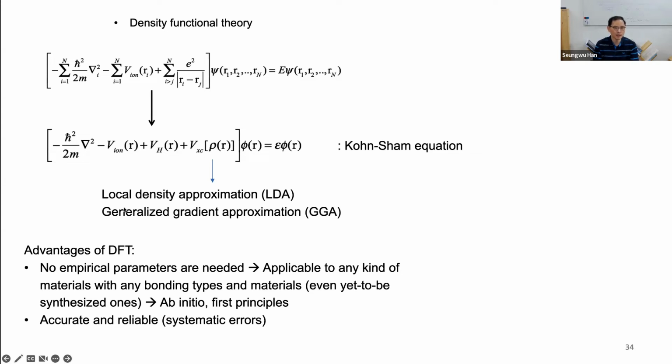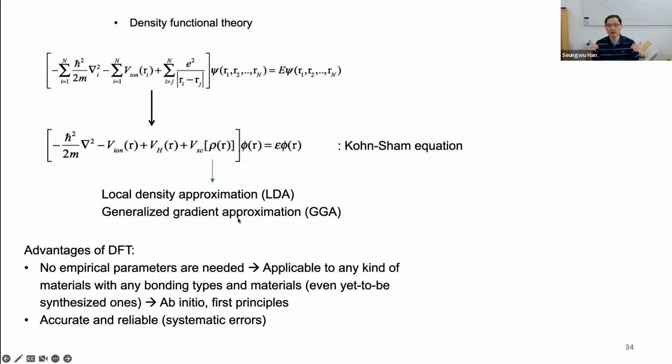Today, GGA is quite a favored approach, and over a wide range of materials, it gives very good results. The advantage of density functional theory is that there are no empirical parameters. Even though there are still parameters included in this approximation, they do not change with the material.